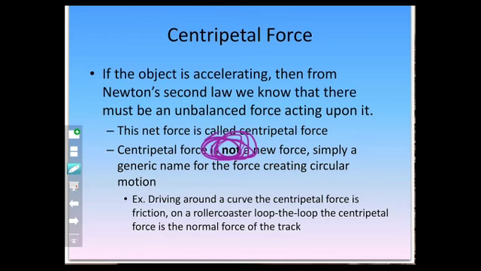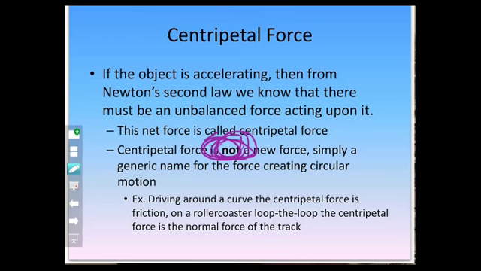The force of gravity keeps planets in orbit in the solar system. That force of gravity is acting as a centripetal force. When you drive around a curve in a road, there's friction between the wheels and the road. That friction is acting as a centripetal force.